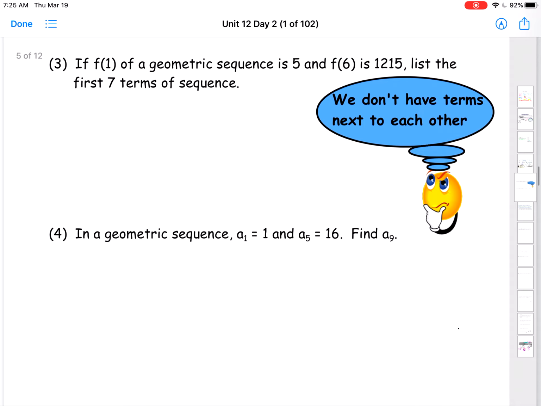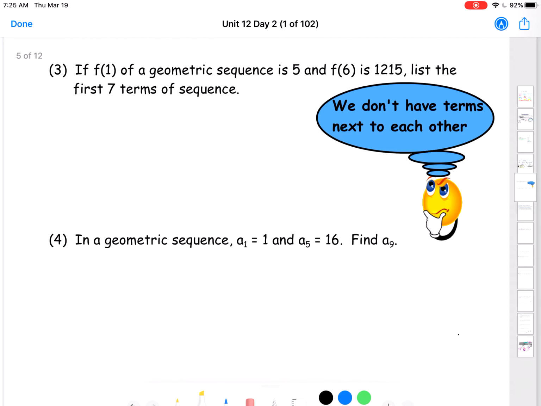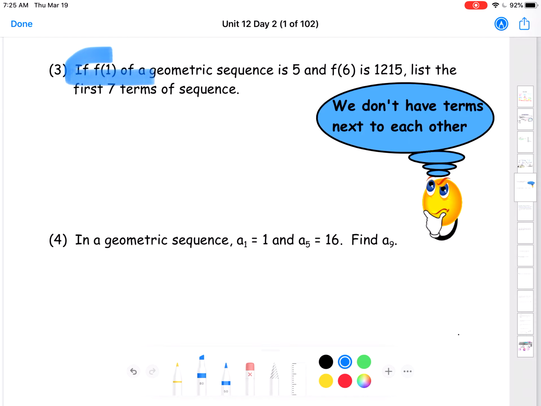On Friday, we also did a question very similar to the arithmetic, where what if the terms are not right next to one another? So our first thing says the first term is 5, and then we have space between, and the 6th term is 12/15.